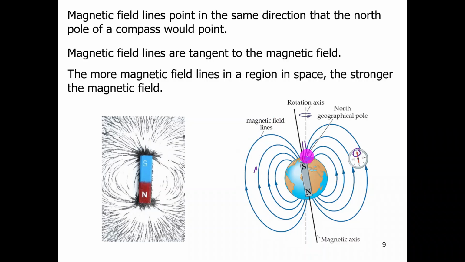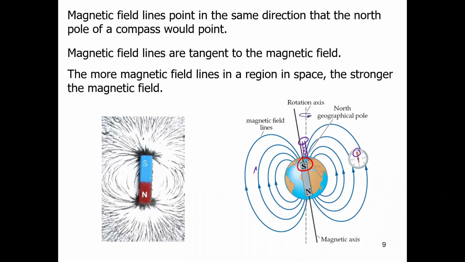Think Santa Claus right here, up here at the north geographic pole. Whereas the south magnetic pole is north, and that's because the north side of the compass is attracted to the south magnetic pole. So Earth's magnetic field is actually upside down.